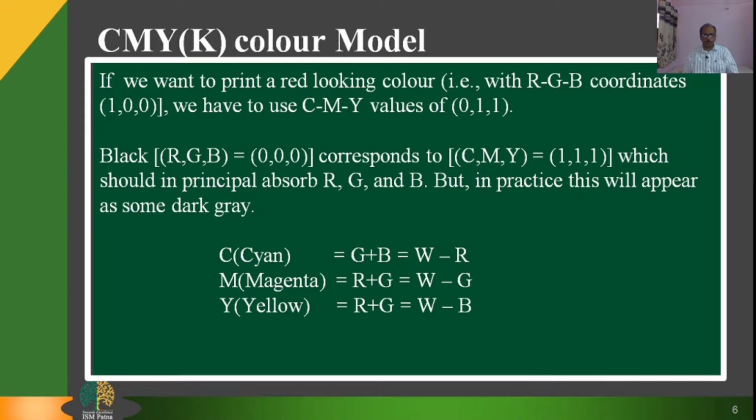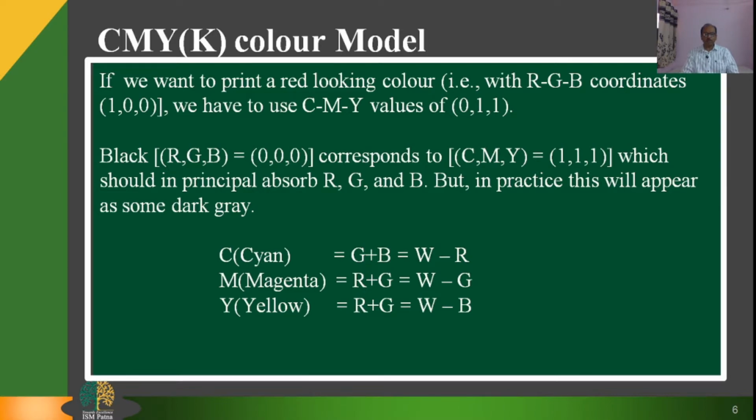If we want to print a red looking color, that is with RGB coordinates 1, 0, 0, we have to use CMY values of 0, 1, 1. Likewise, black RGB 0, 0, 0 corresponds to CMY equal to 1, 1, 1, which should in principle absorb red, green and blue, but in practice this will appear as some dark grey.